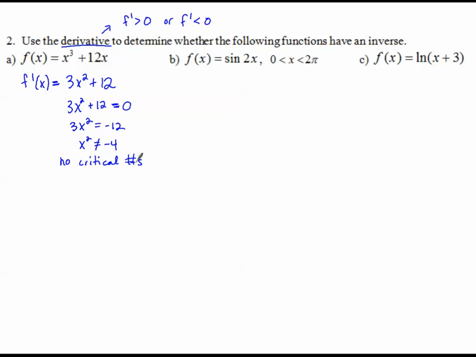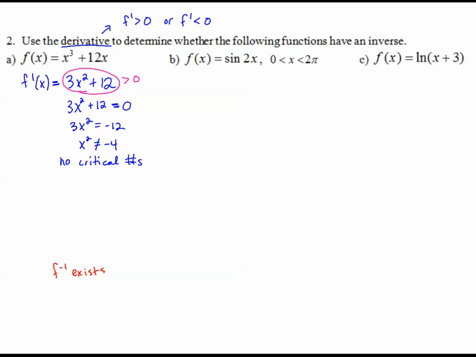Now, the way that I could have looked at this is to say, I square an x, I add something to it. This can only ever be positive. This can only be greater than 0. It's never going to be less than 0. So I know right away that the derivative exists.